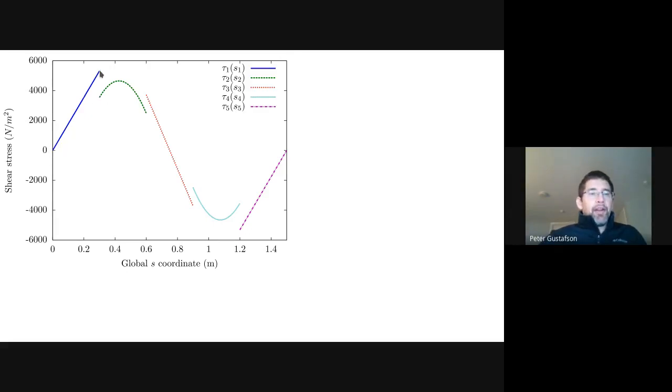So from here to here, it got thicker, so the stress goes down. Then it got thinner, so the stress goes up. Then it got thicker, so the stress goes down. Then it got thinner, so the stress goes up.